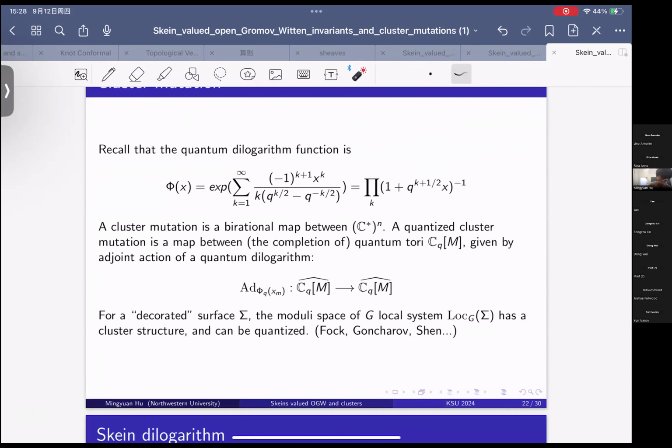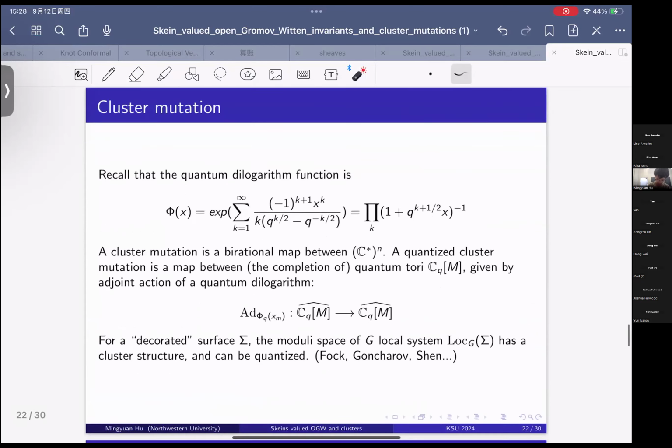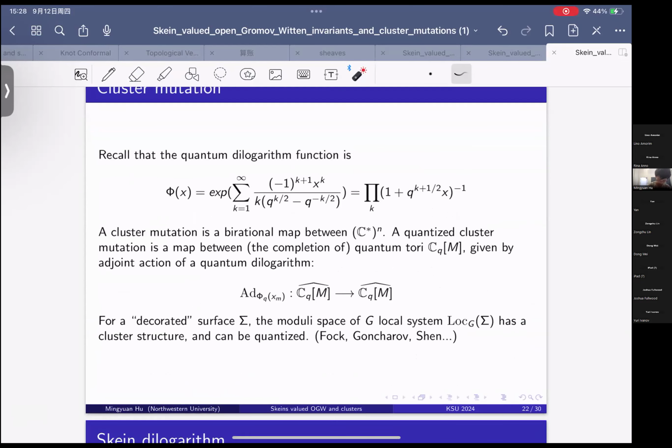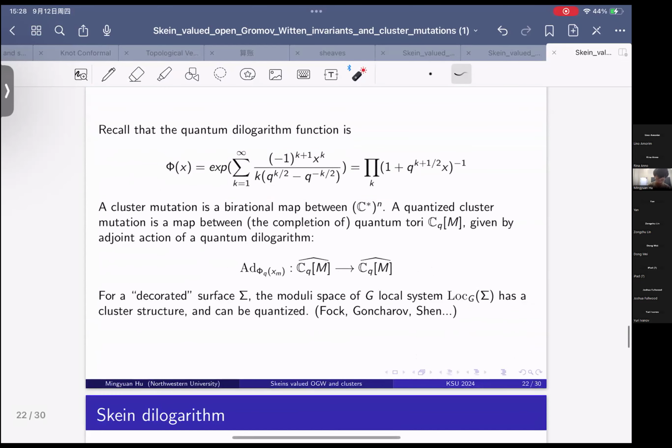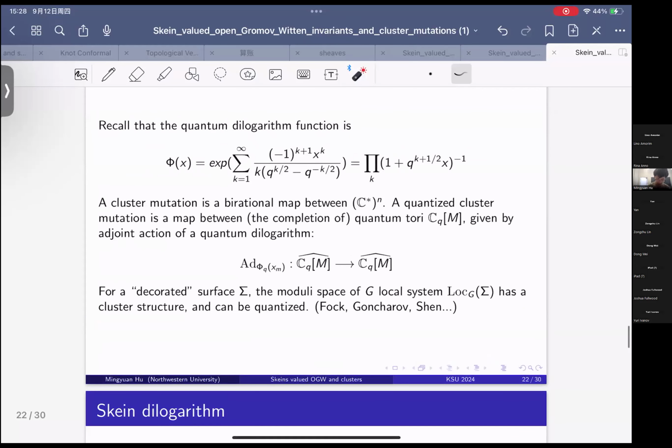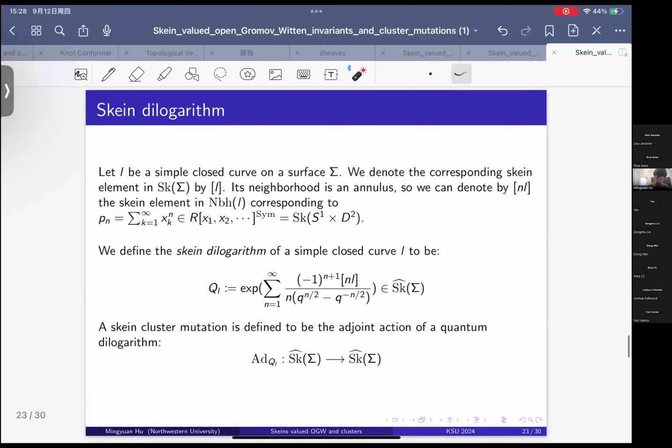But anyway, for today we are going to define a skein version of this dilogarithm, which looks like this. Let L be a simple closed curve on sigma.